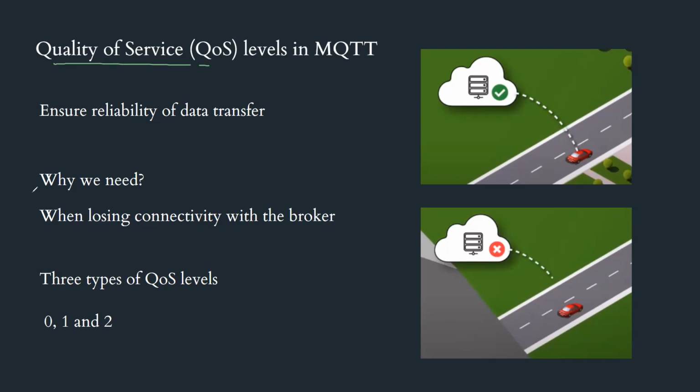So in order to make sure that we don't lose the connectivity with the devices and we don't lose the data packets, we define quality of service levels for MQTT. Basically, there are three types of quality of service that we define in the standards, and those are 0, 1, and 2.